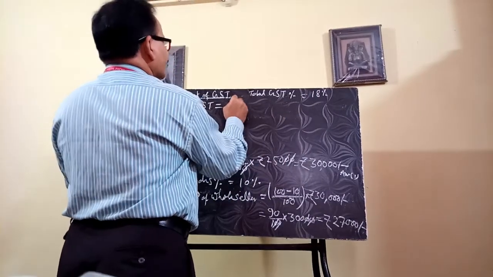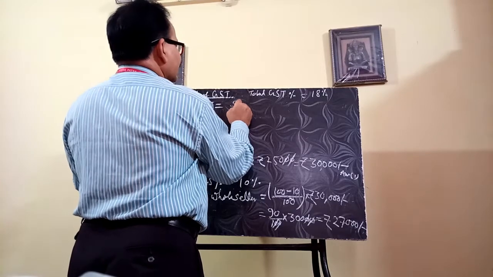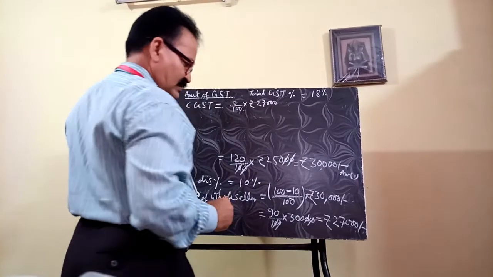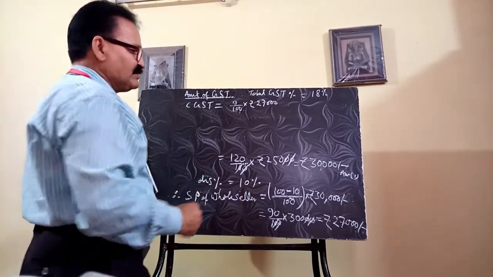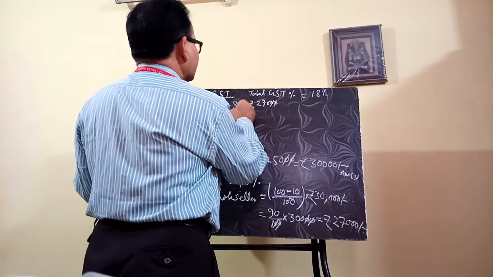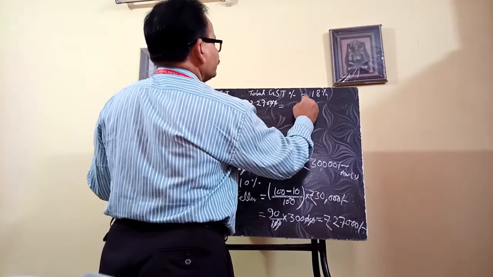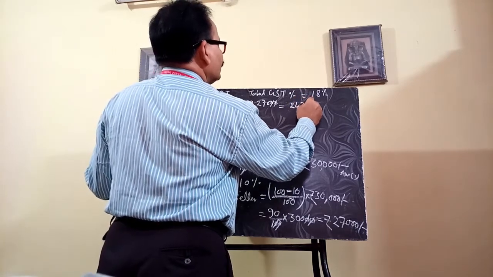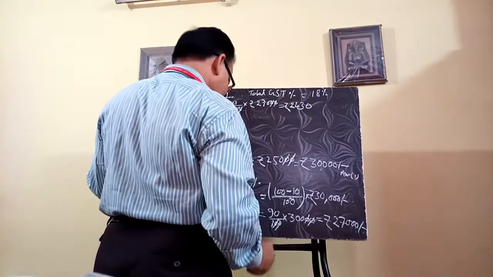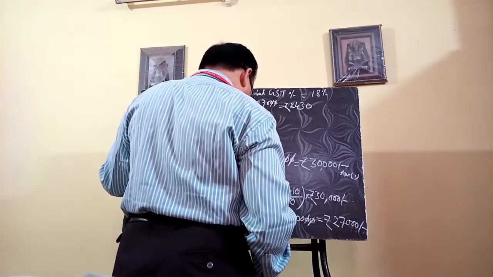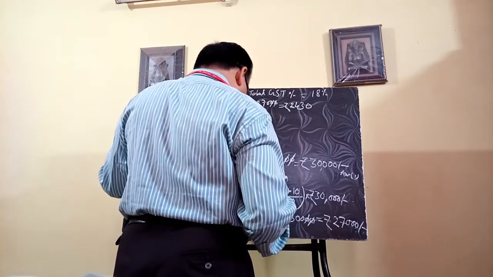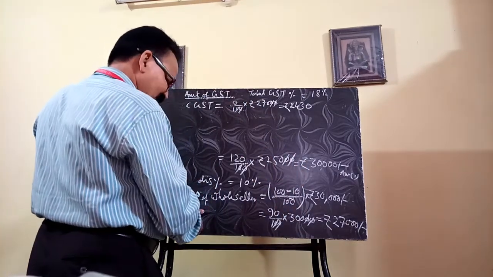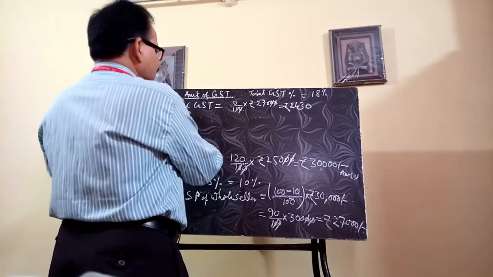So CGST will be 9% of rupees 27,000. Here 0 cancels. Then this is 2430. 2430 is the amount of GST charged by the wholesaler to the retailer, that is the CGST.